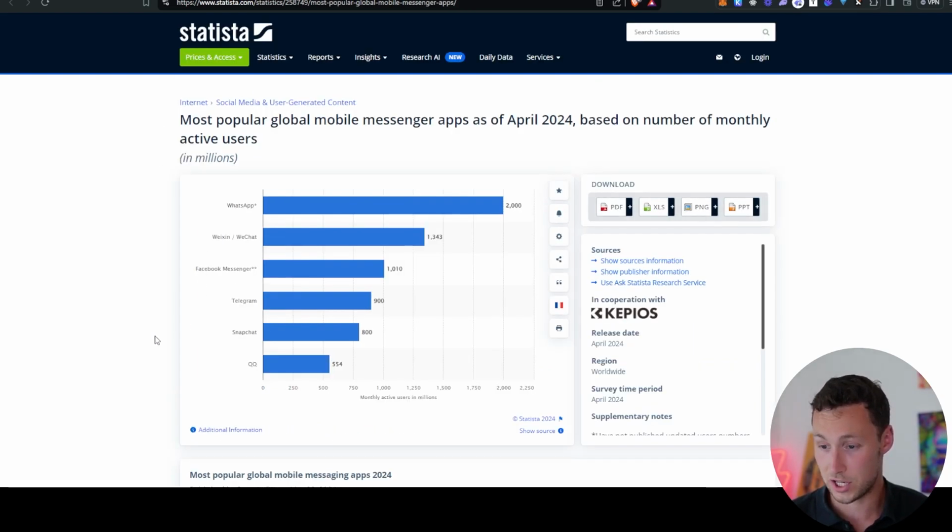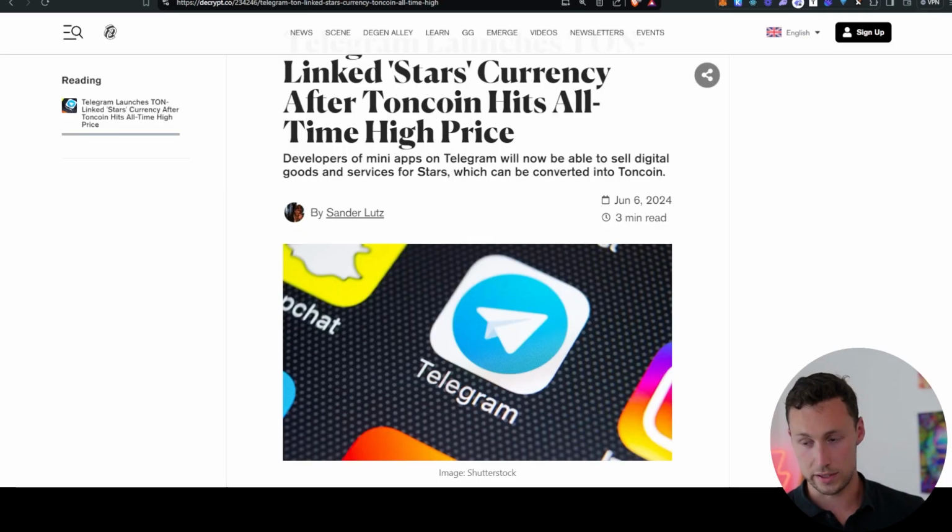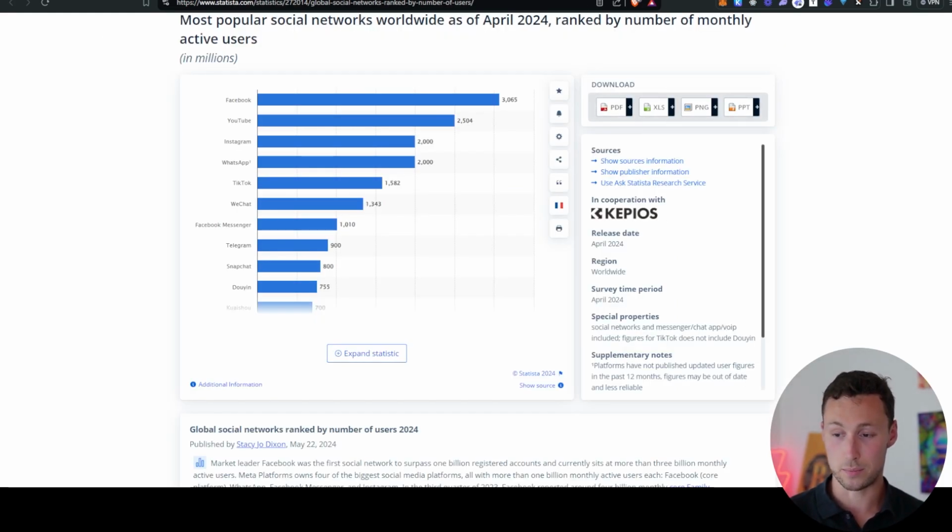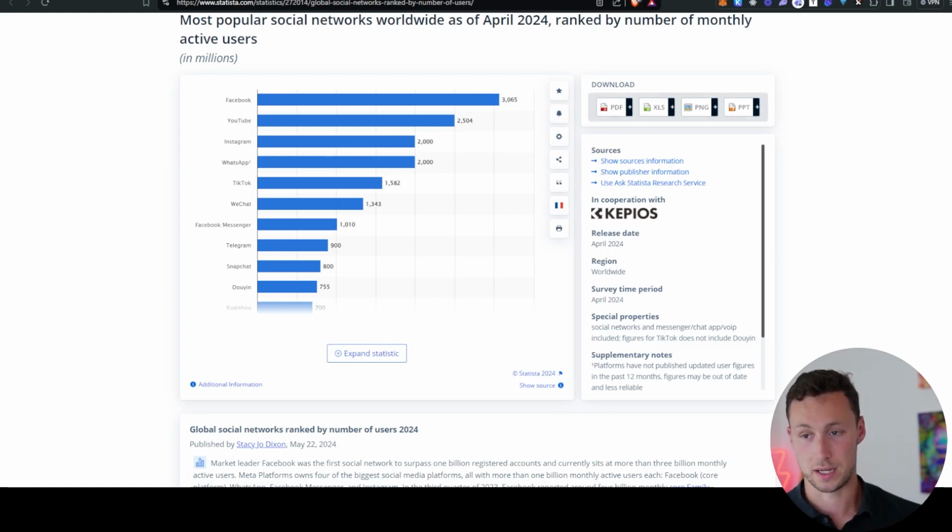In terms of messaging applications, it's actually the fourth most used messaging application, just behind Facebook Messenger. If you think about that as a distribution platform, and the fact that Telegram is already, over the past few months, integrating TON into two different features of their application, that is nearly 1 billion people that I think there's a good chance will end up being exposed to TON in some way.